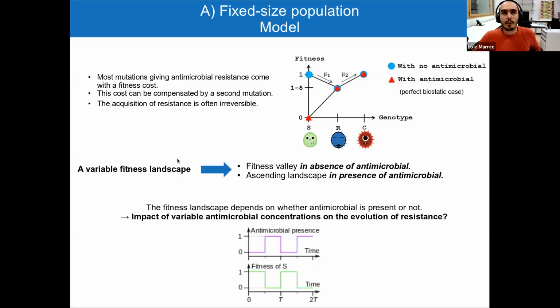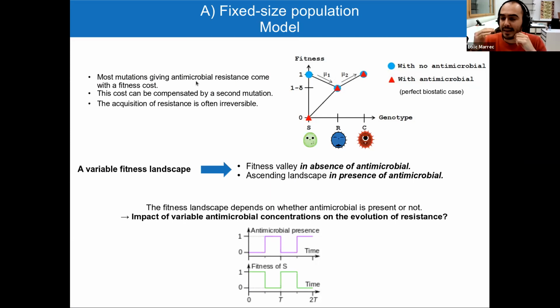So the first step was to build up a model which is based on some experimental observations about the evolution of resistance. First, we know that most mutations giving antimicrobial resistance come with a fitness cost.